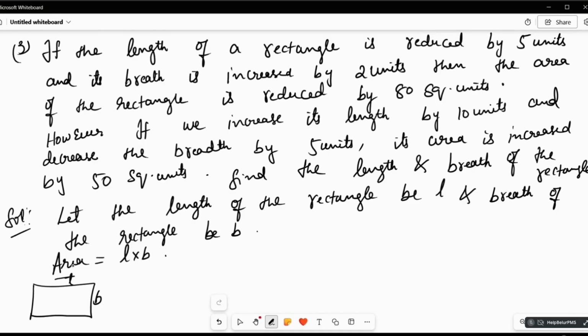Now area what was there earlier, it reduces by 80 units, like that. He has not told 2 times also, no? Breadth increased by 2 units means if earlier it was 10 units, it will be 10 plus 2, like that. Plus 2.